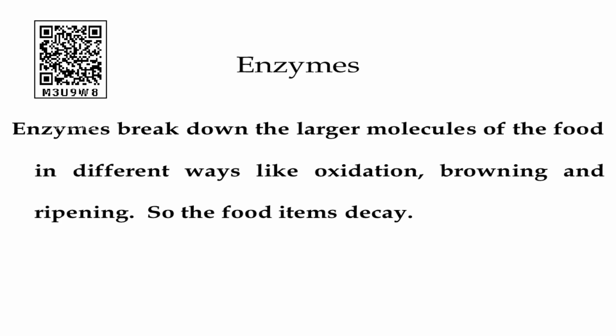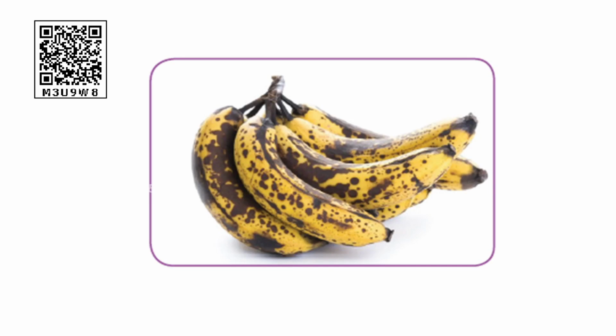But if the enzymes react with the food items in different ways like oxidation, browning and ripening, the food items start to decay. So, if you see the banana, what happened? The enzymes react with that banana and make the banana decay. So, it is not in the right condition to eat.